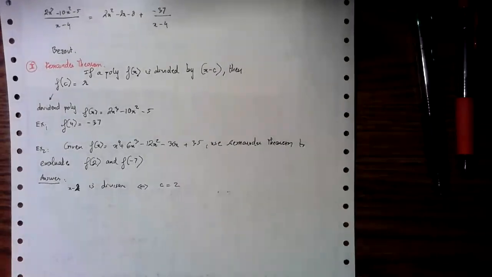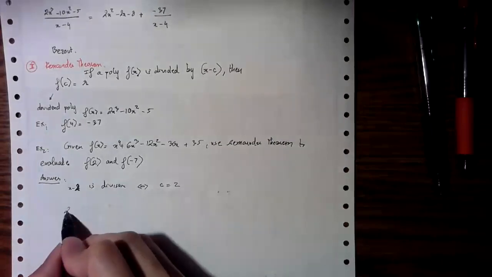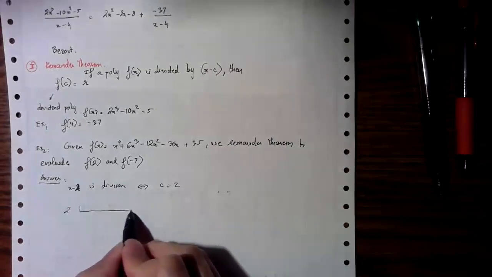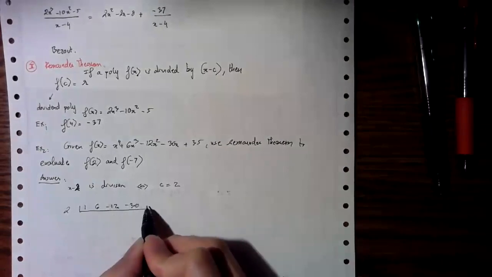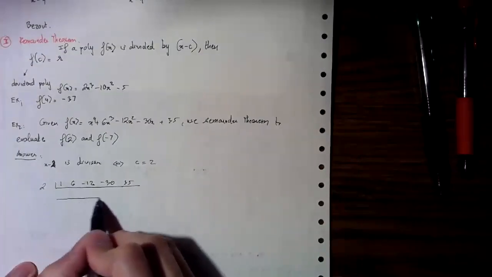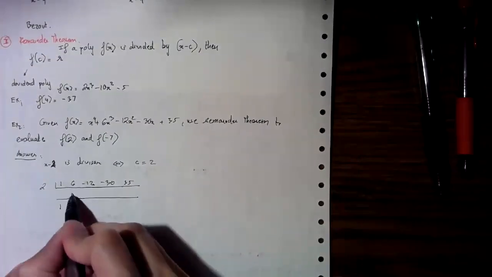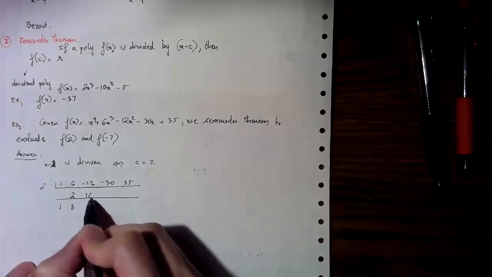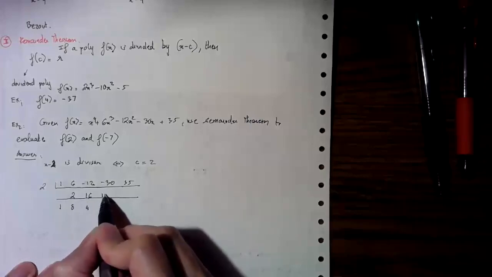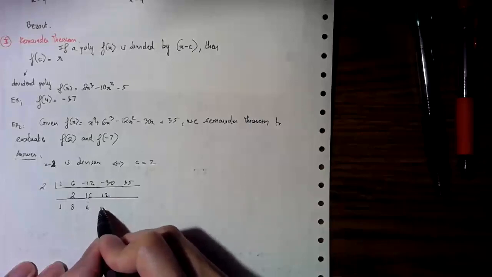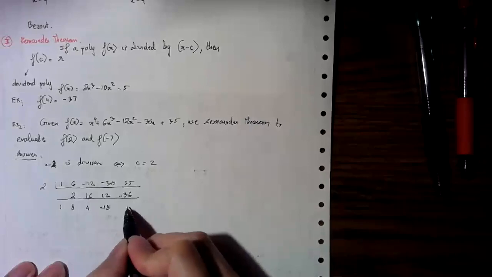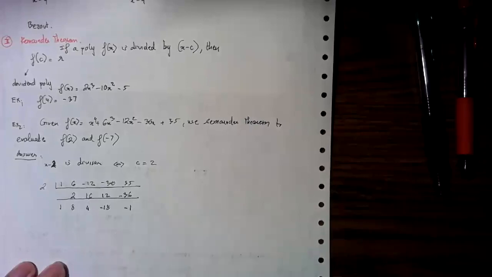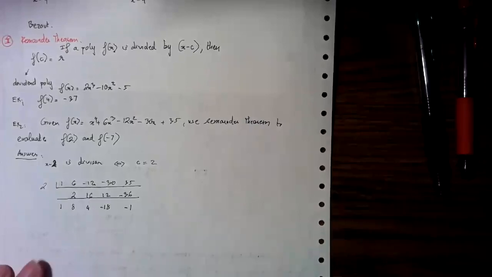Now let's start with our synthetic division. 2 on the outside, then 1, 6, negative 12, negative 30, 35. Up and down: 1, 8, 4, 8, negative 22... ending with negative 1. All right.